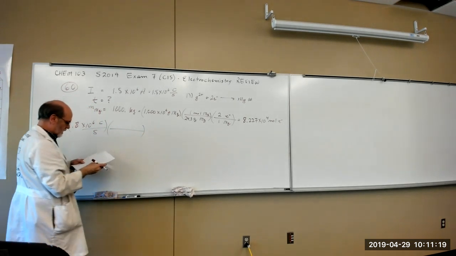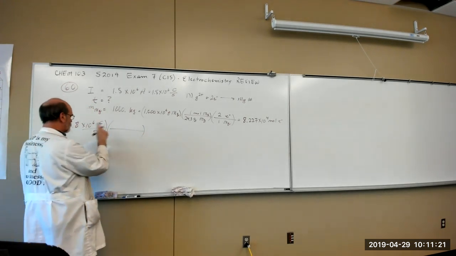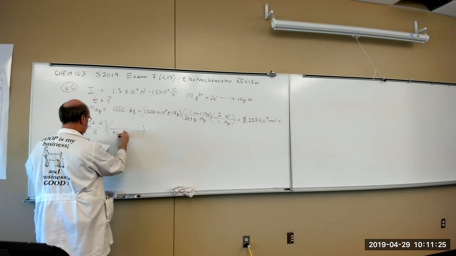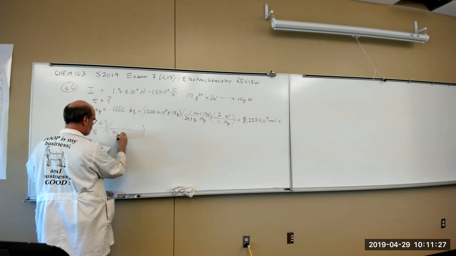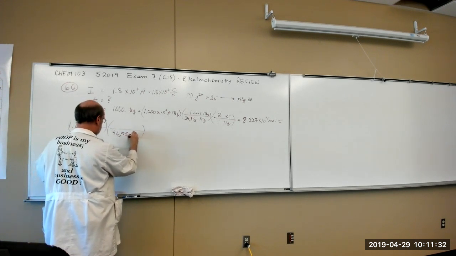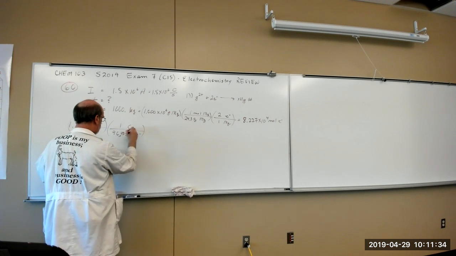And we need our Faraday constant to convert to moles of electrons. 485 moles of electrons per coulomb.